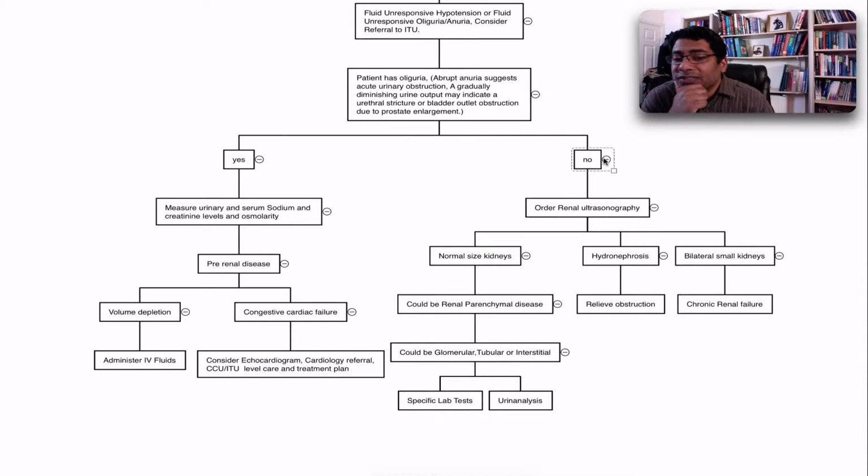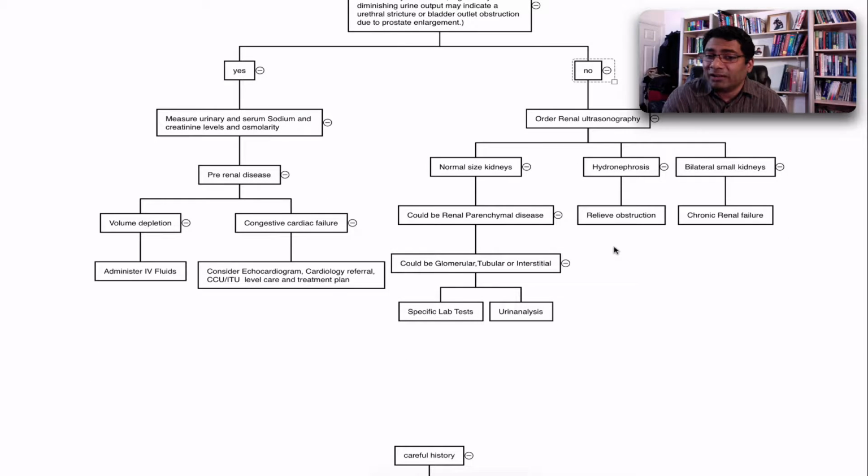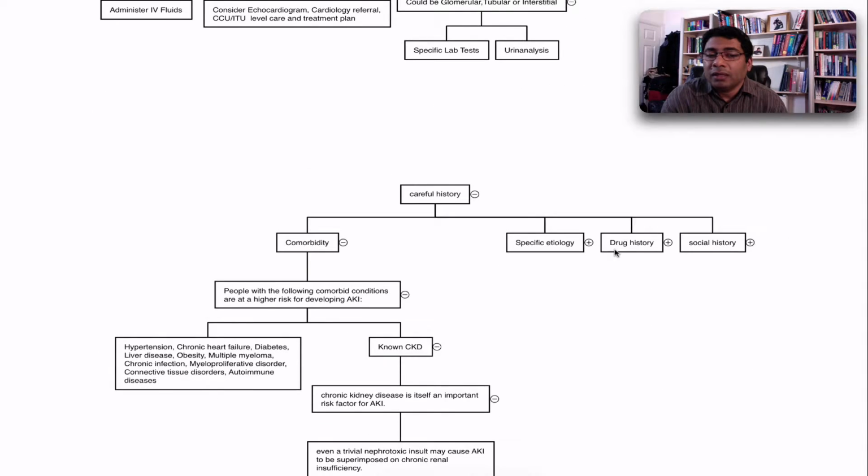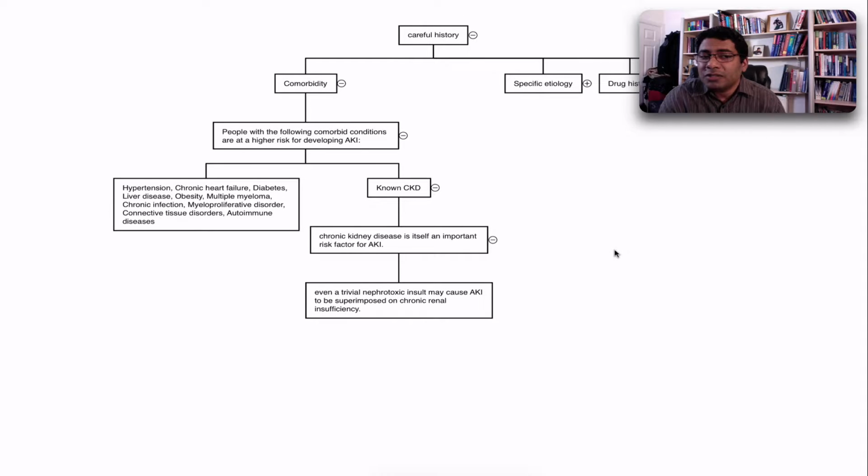Whereas if there's hydronephrosis, then it's obstructive, a post-renal problem. Or bilateral small kidneys could be indicative of chronic renal failure. So your early renal ultrasound could be very helpful. Okay, now let's look at history.